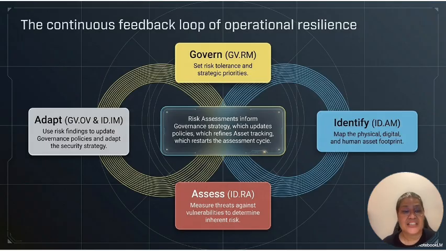Our governance strategy. Because of a fix, we might need to update a policy. Because of a change in the environment, we update a policy, right? Or we might have lost some organization, so we need to change assets we're managing, right? And we continue the whole cycle. So again, risk assessment and governance is a continuous feedback loop, right? Provides us operational resilience.